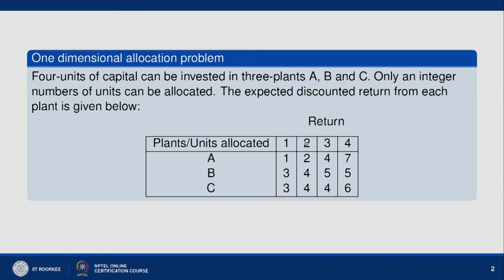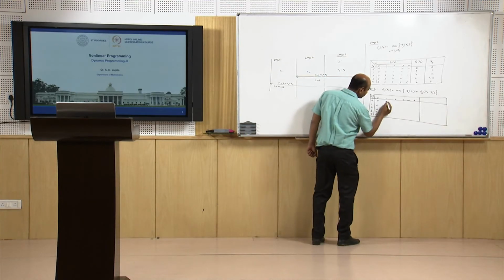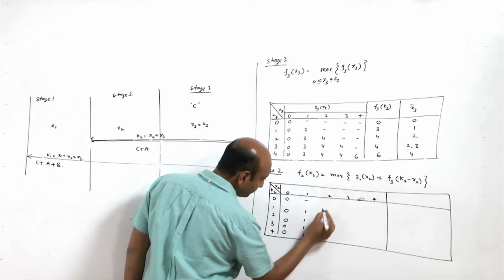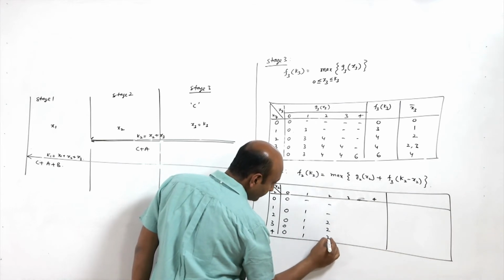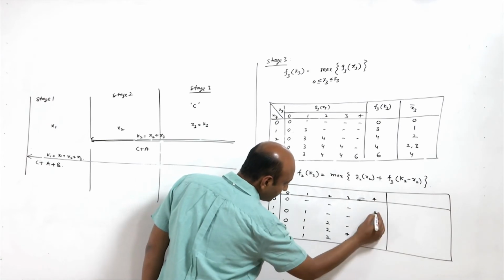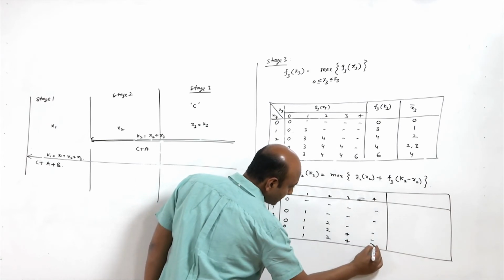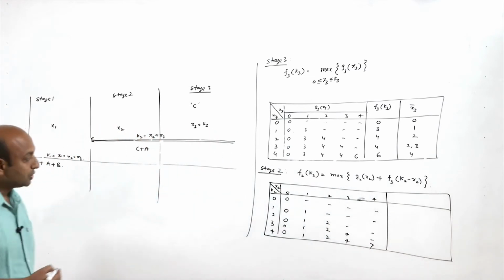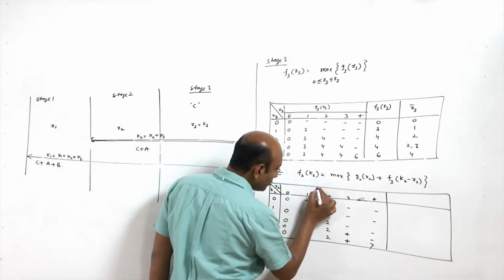If 2 units available, 2, if 3 then 4, if 4 then 7. So, it is 1, 2, 4 and 7. So, that is G2 X2.